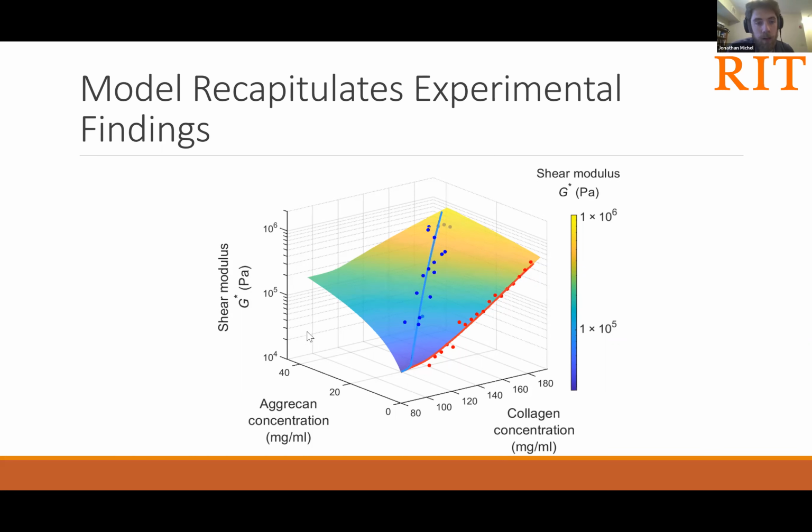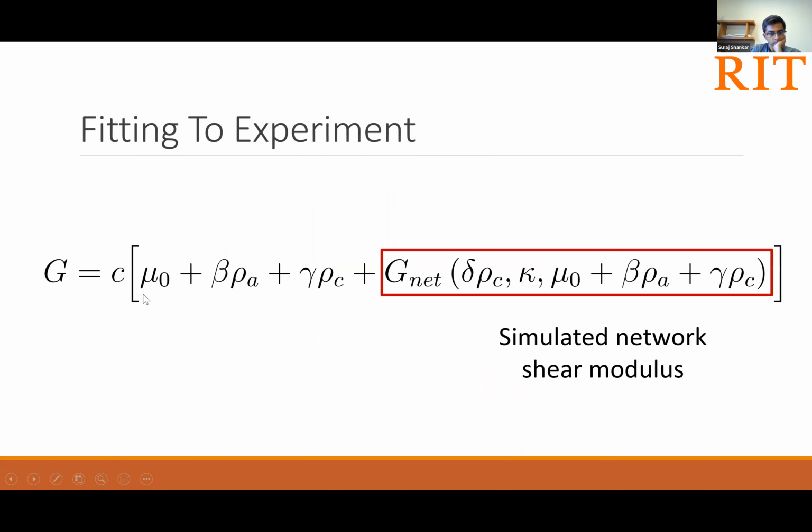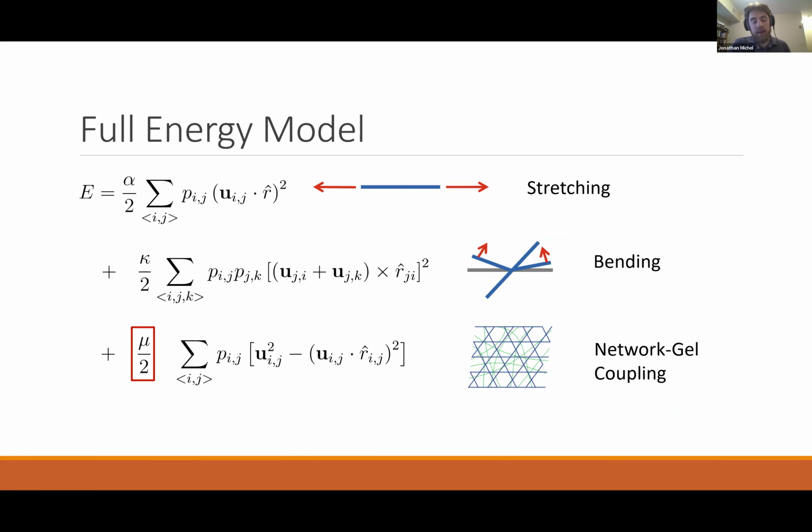So maybe I'll just walk back here. So kind of going back to this energy accounting. So mu is our model parameter representing the shear modulus of the tissue.